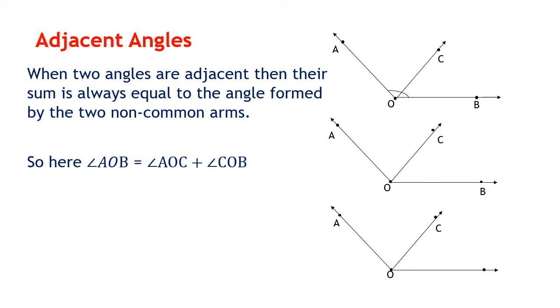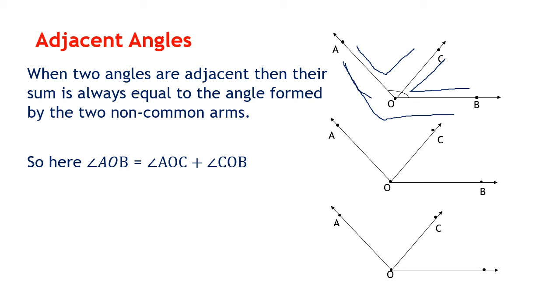Okay, now again, when two angles are adjacent, then the sum is always equal to the angle formed by the two non-common arms. So look at angle AOB, the main angle, is made up of two adjacent angles, AOC and COB. So what do you find out?